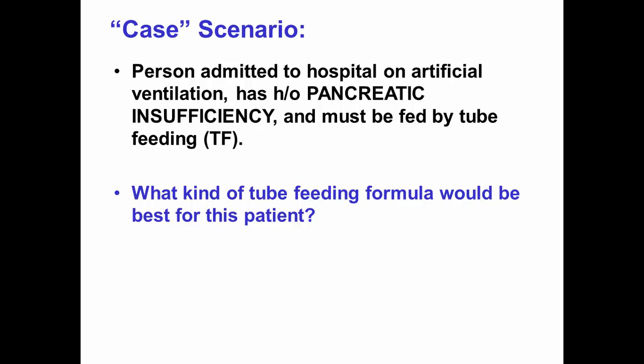For those that are not in M&T, think about what we might do to a formula that we're trying to feed somebody to meet all of their needs when they may have pancreatic insufficiency, when the pancreas isn't working very well. Specifically about protein, what can we do, do you suppose? Maybe I need somebody from M&T to pipe up if there aren't any other ideas.